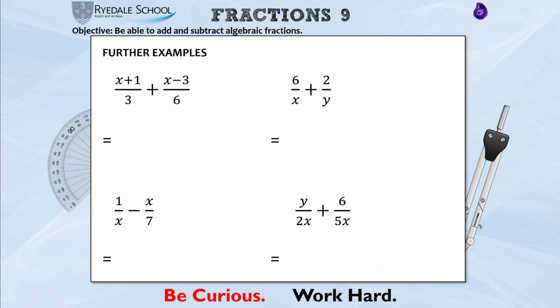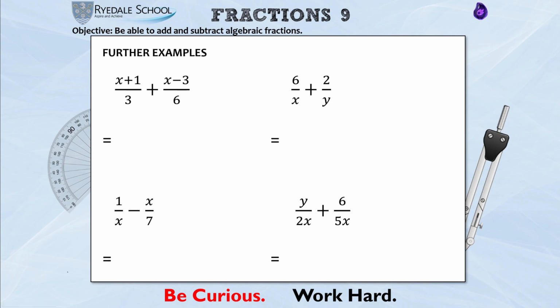Let's look at some final examples that are getting a little bit more challenging still. So I've got x plus 1 over 3 plus x take away 3 over 6. Can you see a common denominator?